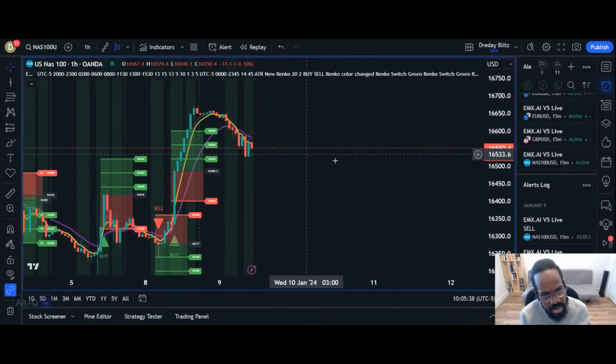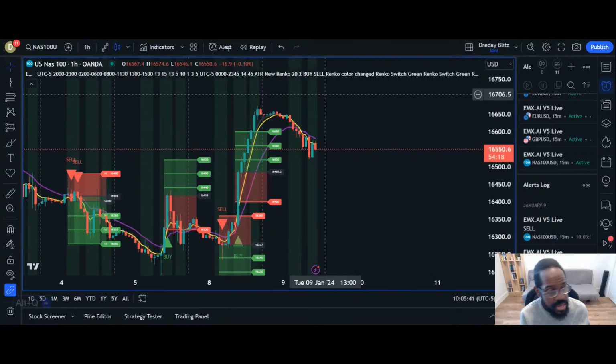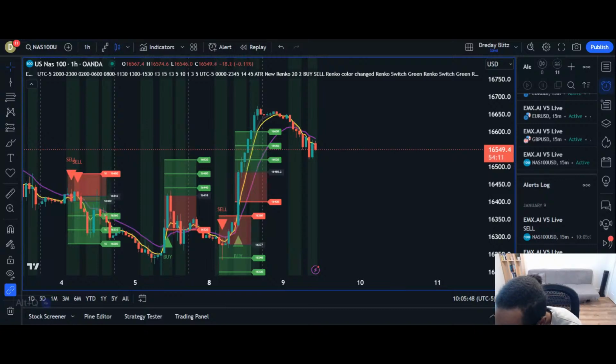If you have a 1 hour sell, there's a good probability that it's going to go in that direction. So good call, Leon. But I know that you're trading off of the 1 hour, so you have to wait for your setup.